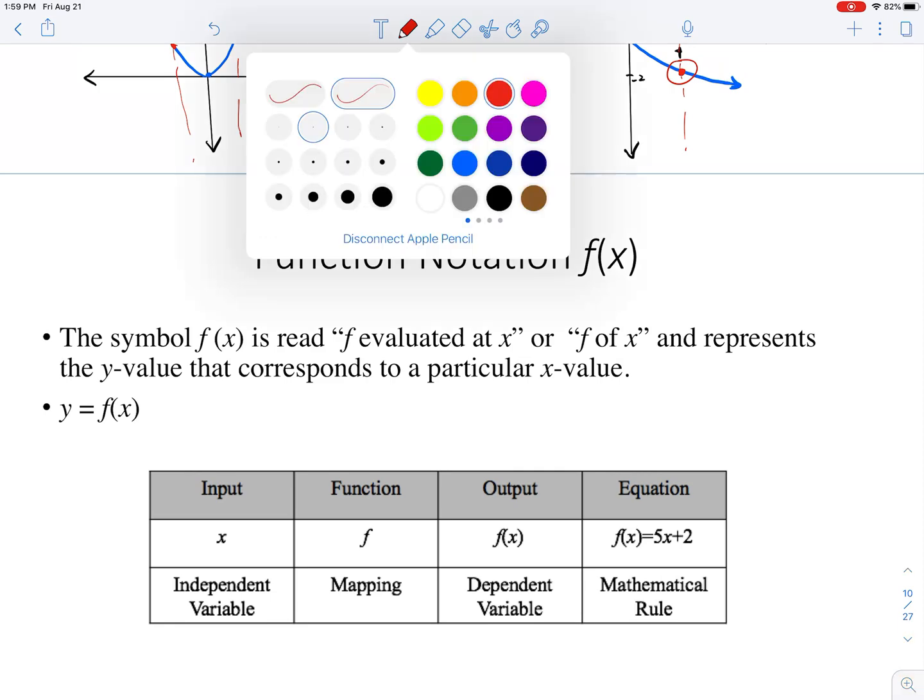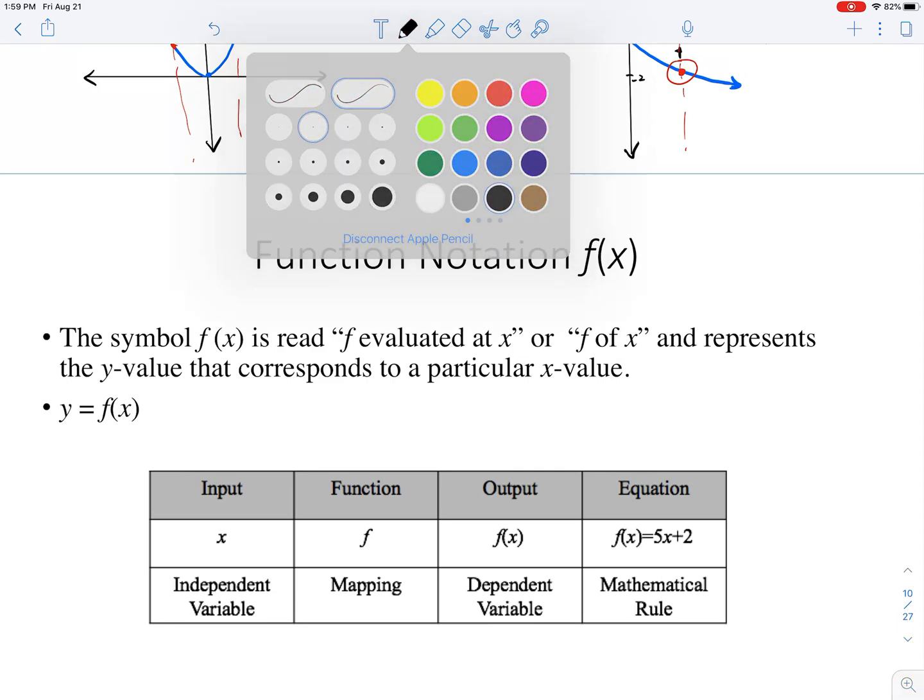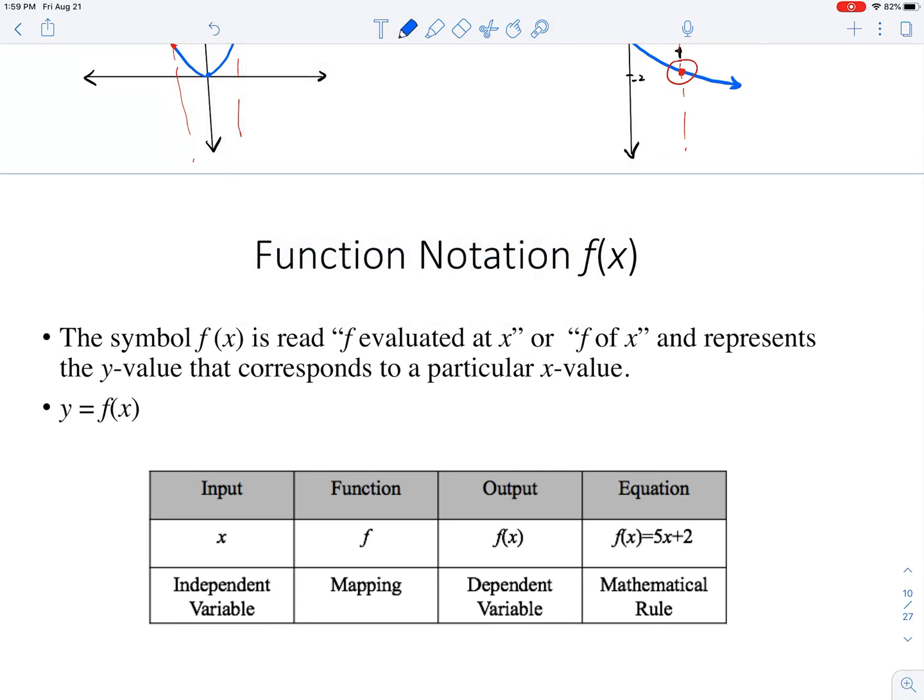Just going back here, we graph functions in the xy plane using ordered pairs. We use them to represent points on the graph. Ordered pairs are (x, y), or if you wanted to think of it in terms of function notation, would be (x, f of x). Right? f of x represents the output value.